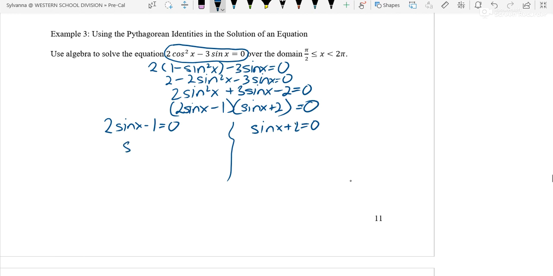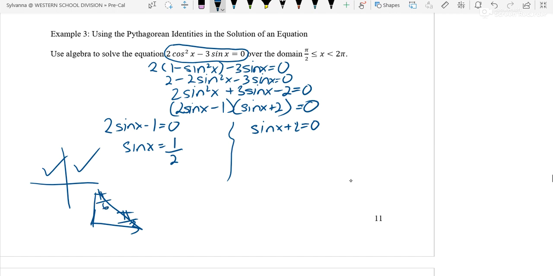So rearranging this, we get sine x is 1 over 2. And it's positive. So we are in quadrant 1 and 2. If you look at our triangles from before, we get sine x equals 1/2 when x is pi over 6.